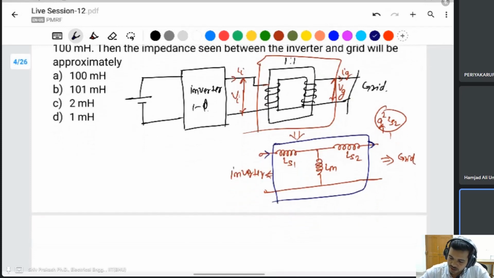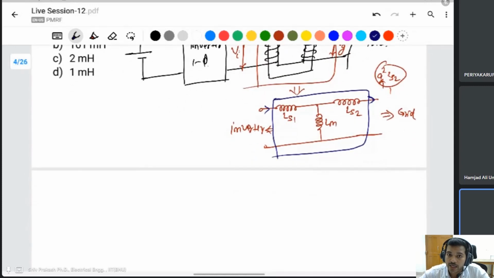To find this, you should convert this into delta. This is the star connection, like that.